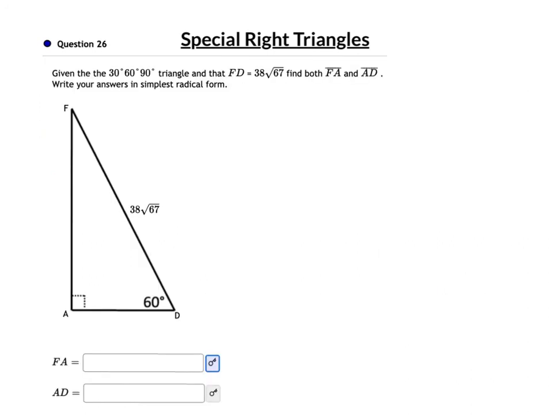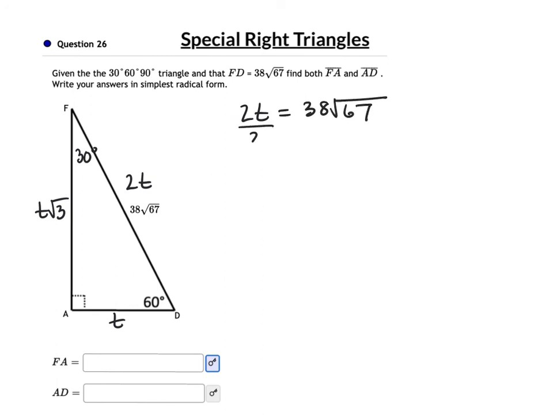For question 26, our hypotenuse again is 2t. Between the 60 and the 90 is the t, and between the 90 and the 30 degree is the t root 3. Memorize those sides, you need to know them. The corresponding sides are 2t and 38 root 67.